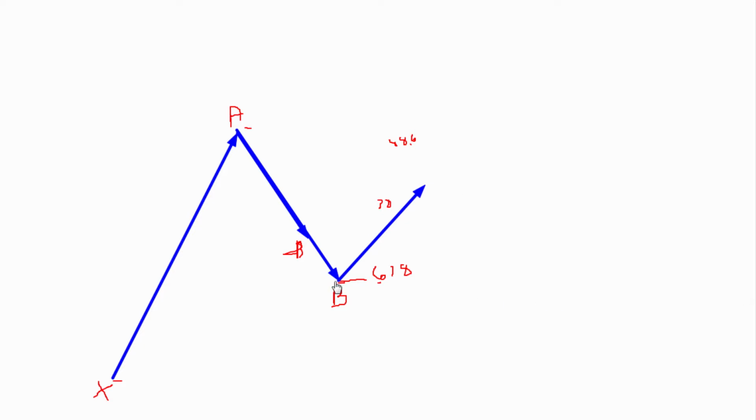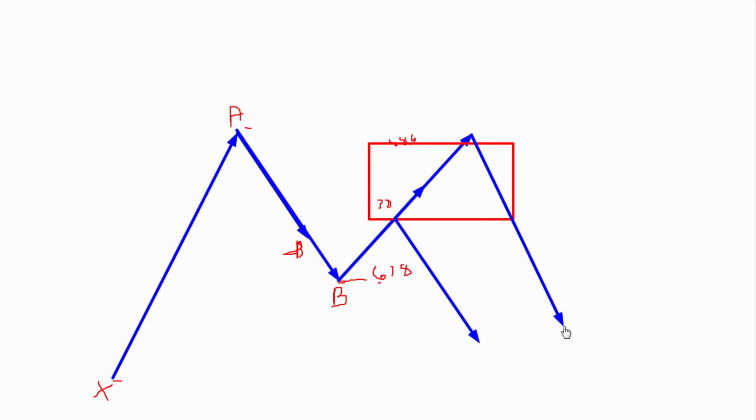It's not perfect. So let's go all the way up. So you can have it where it falls anywhere in this particular zone on the way back up. So meaning that the market can go 38% and then down, or it can go 88% and then down. So anywhere in the zone is acceptable for that.